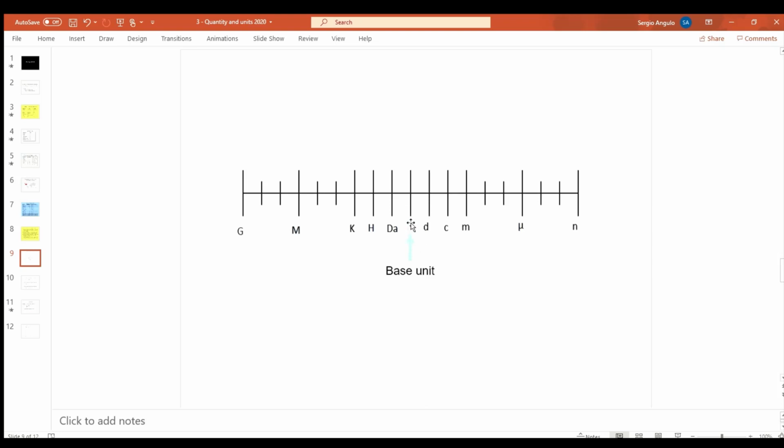Basically, the idea here is that this line here with no number, no symbol, represents the base unit, and these other letters represent the metric prefixes. So this is deca, hecto, kilo. Notice that mega is way over here because you need to move the decimal 3 times to the left to get from kilo to mega, and giga is way over here also because you have to move the decimal 3 times to the left to get from mega to giga.